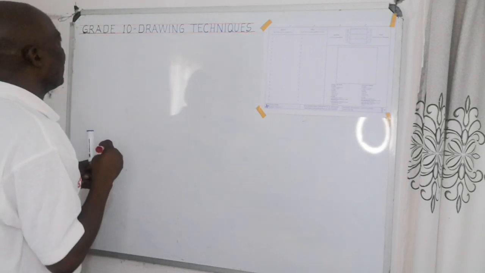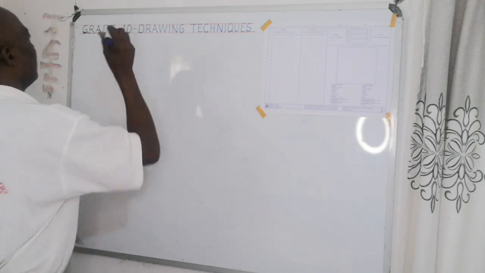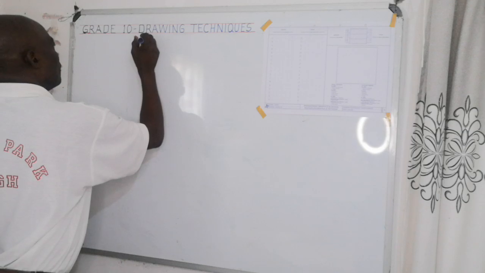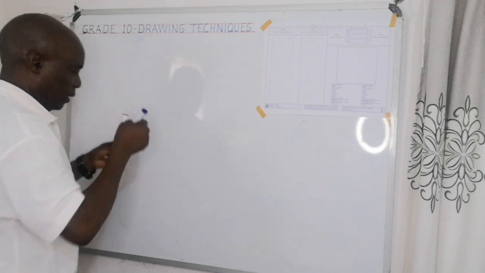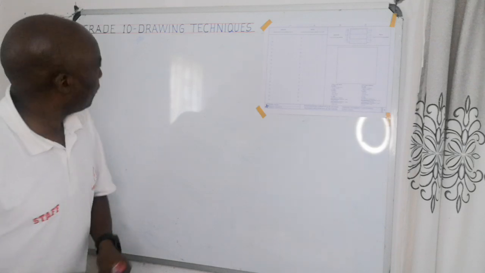Right, and this is lesson 1. Let me use a different color here now. Let me use green.